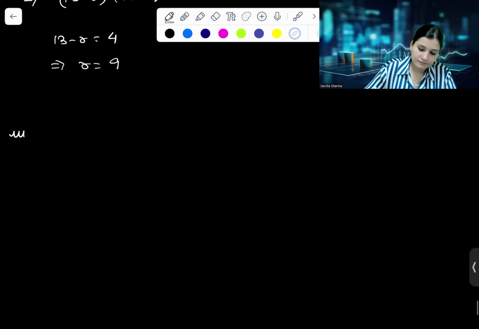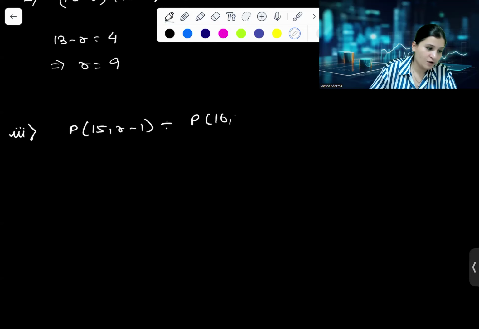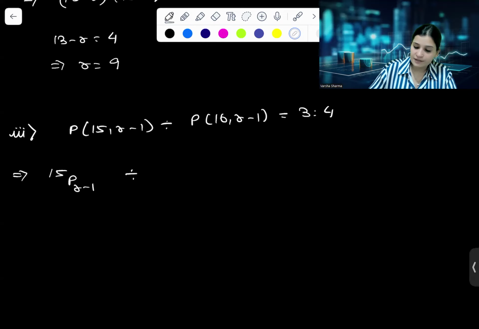Third, P(15, r minus 1) divided by P(16, r minus 1) is 3 is to 4. So 15P(r minus 1) divided by 16P(r minus 1) equals 3 by 4.